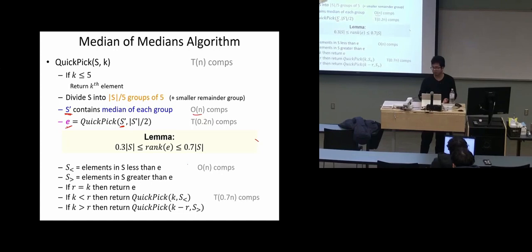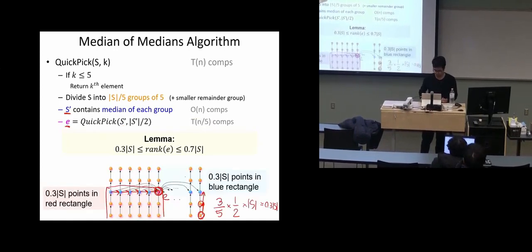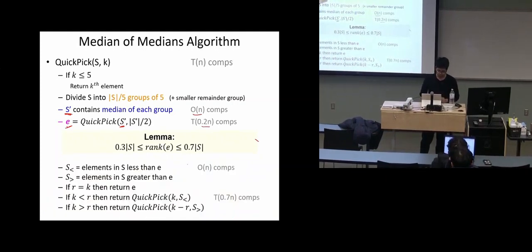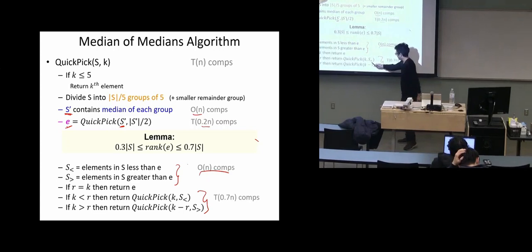The size of S prime is 0.2n because it's a 1/5 fraction of the whole thing. Then you compute the rank of E, and to compute S less than and S more than, you take O(n) comparisons. And then you need to recurse either on S less than or S more than.